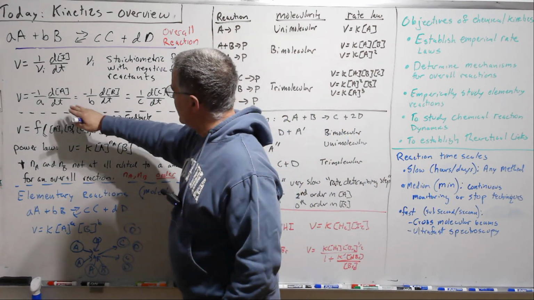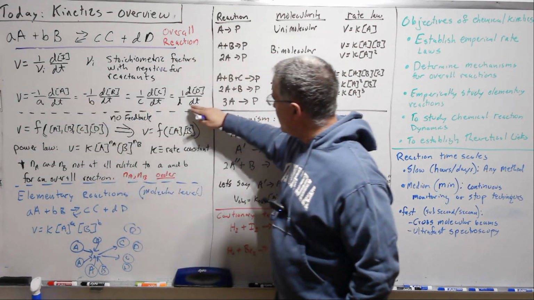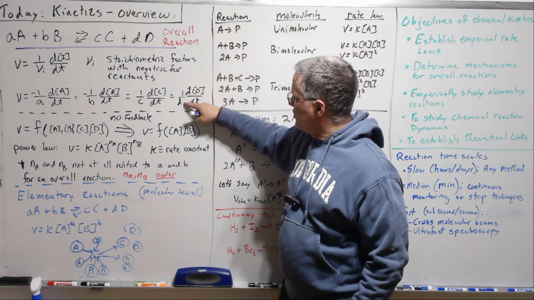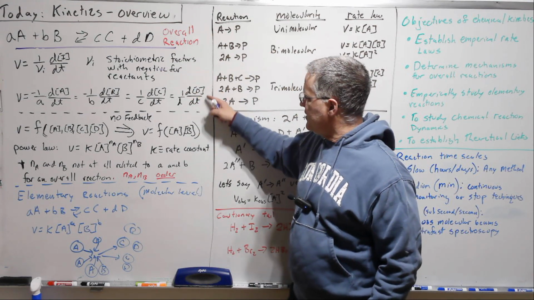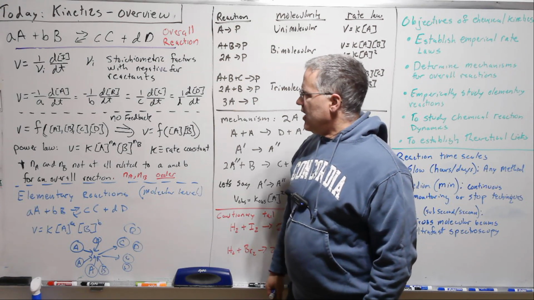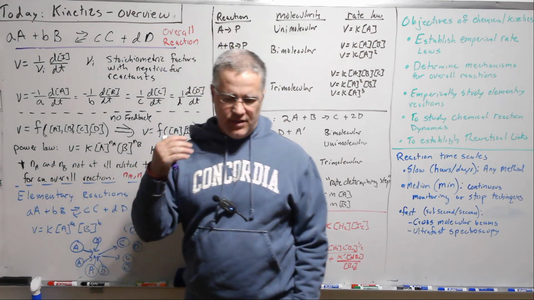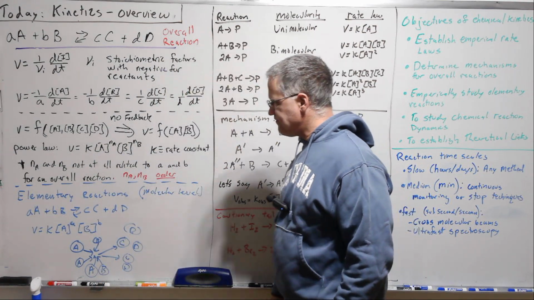So 1 over a, dA/dt is equal to, if I'm doing this, then I will get the same result as you if you're doing this, 1 over d, d moles, or rate of change of D. All right, so this is what the rate is. It's this derivative, and that's pretty simple to write down.